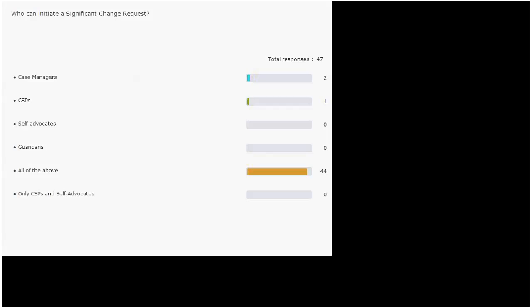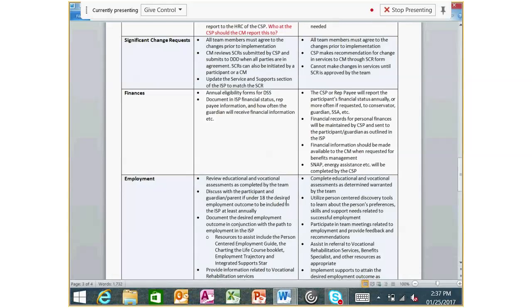We do have a question in the chat pod about what needs to be done if changes are happening and SCRs are not being submitted and SAMs are not notified or included in changes. That is a really good question. If something specific has occurred, then that might be something you would want to talk with the division about.